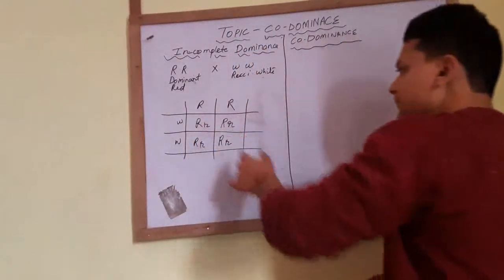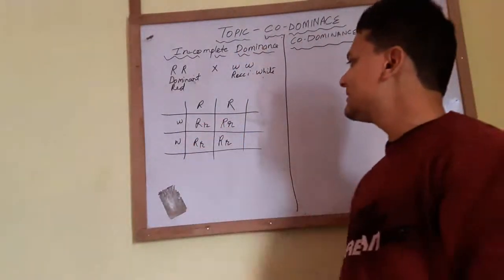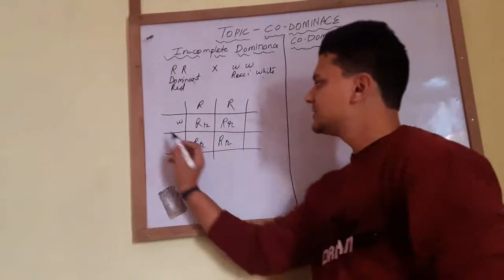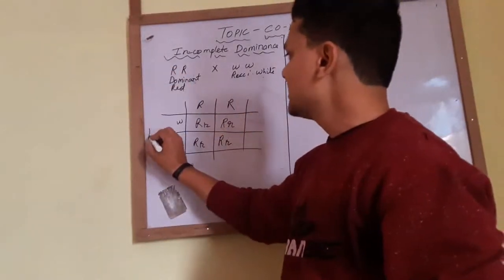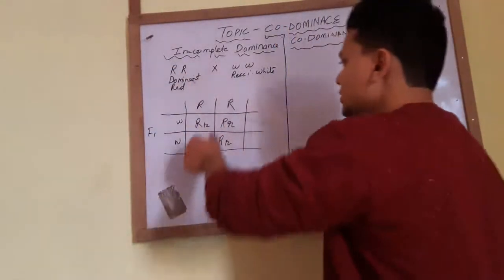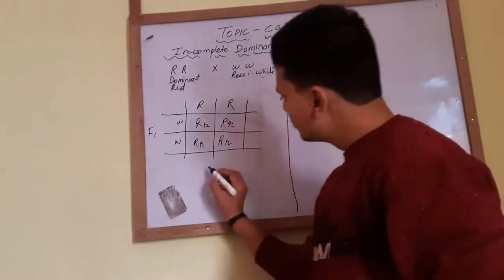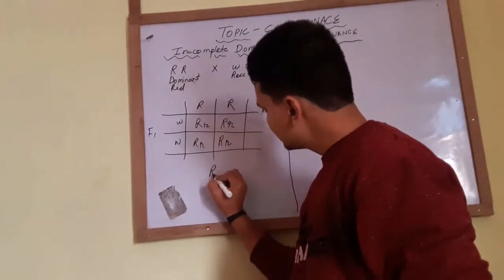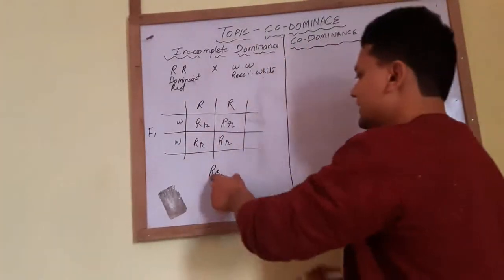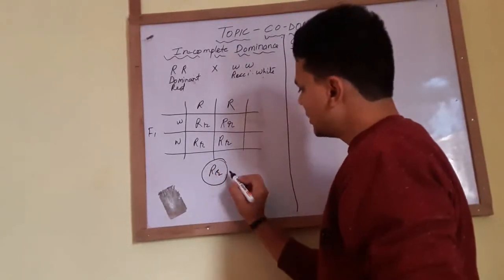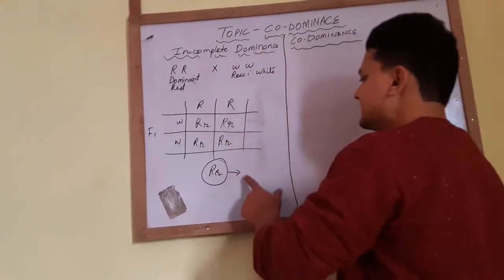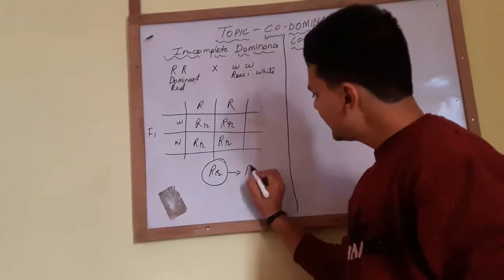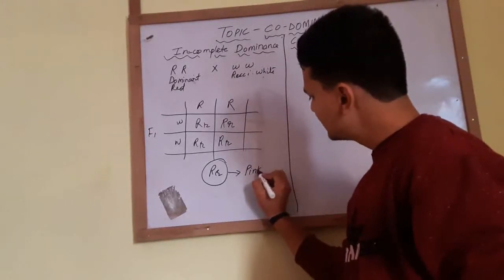Say this is a heterozygous offspring that takes birth in the F1 generation. So this is the parent generation and this is the F1 generation. So say this is an organism which takes birth. So this is a heterozygous impure organism. And the quality of the organism is that the organism will be pink colored.